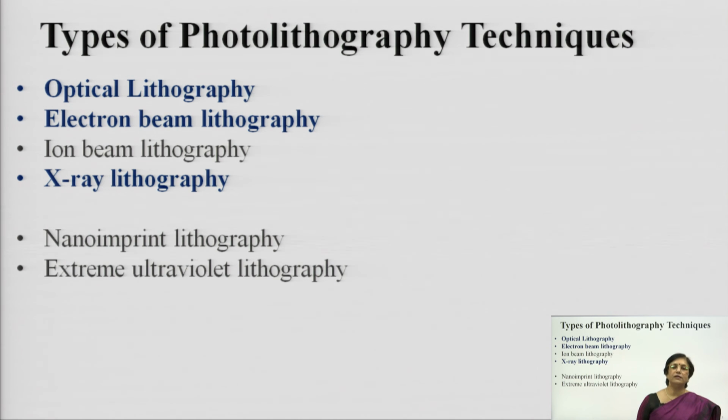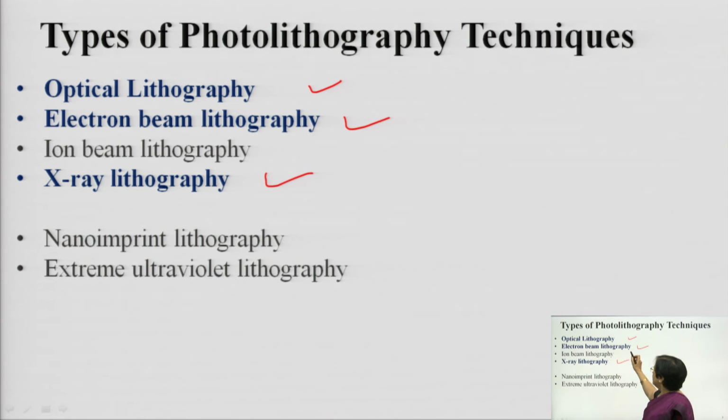So, different alternatives are being developed, and three basic alternatives you are going to study. One is optical, another one is electron beam lithography, and third one is X-ray lithography.